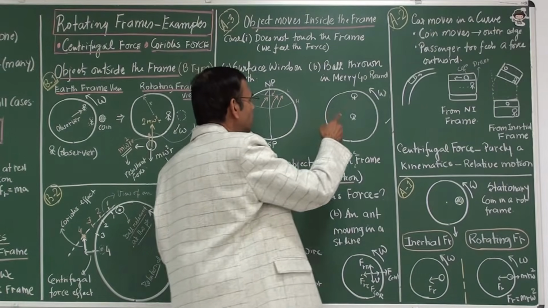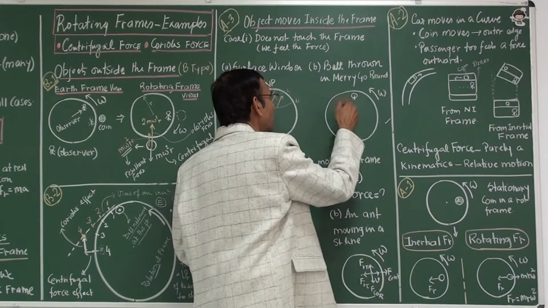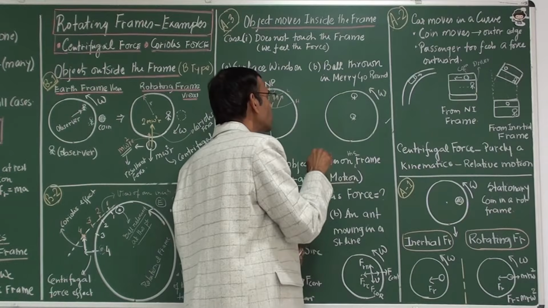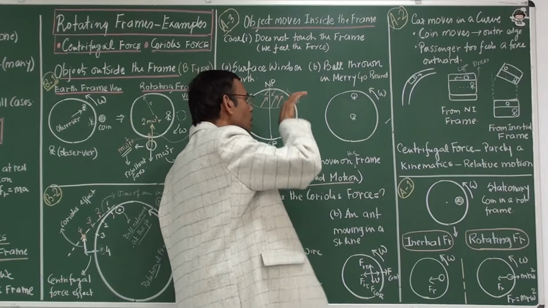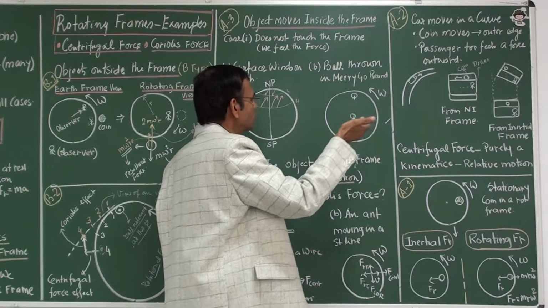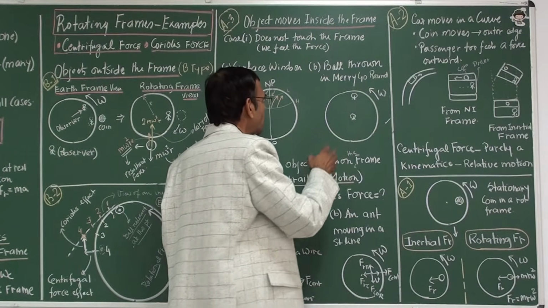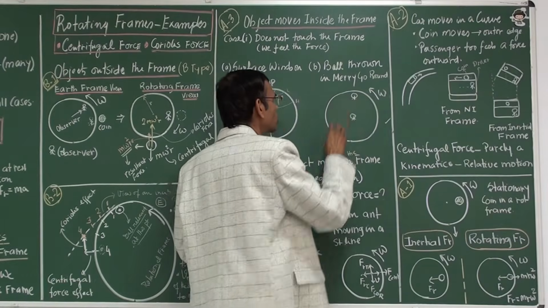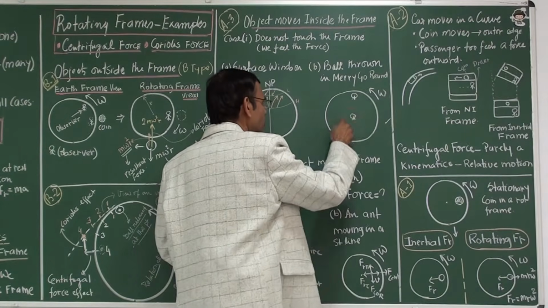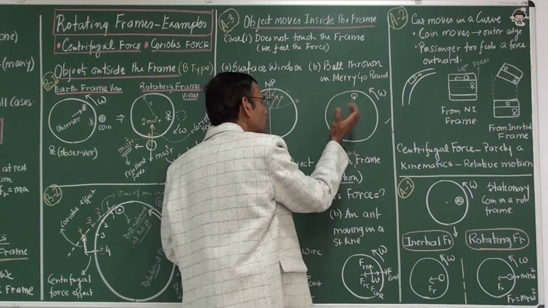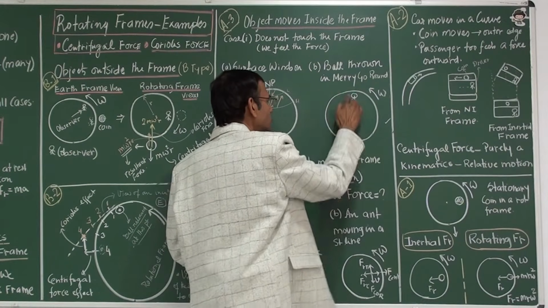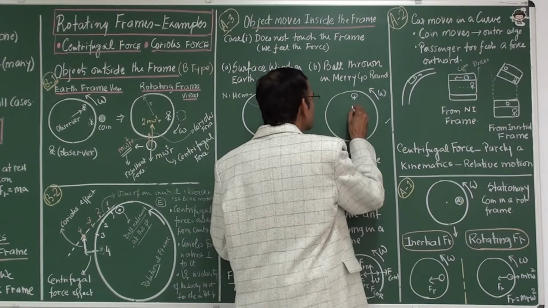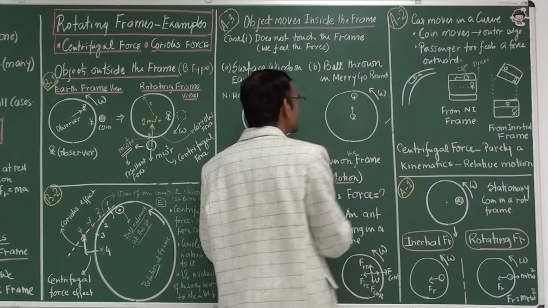Omega is the frame velocity, it is this way, and the velocity is this. So what is the direction of omega cross v? Omega cross v is this way actually. And when this person throws this ball onto him, let us take this one first. This is the omega, and this is the v towards him.